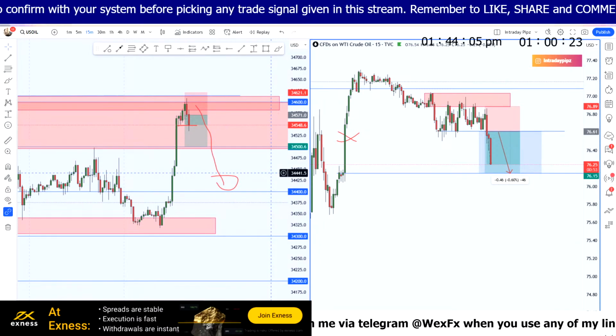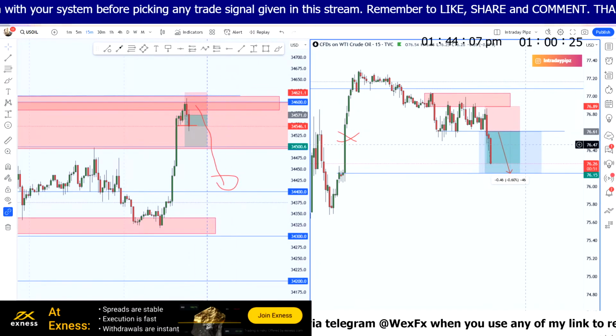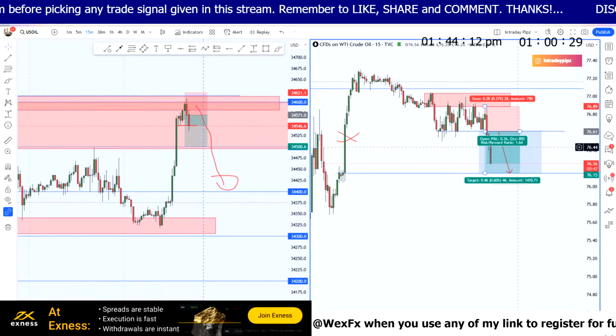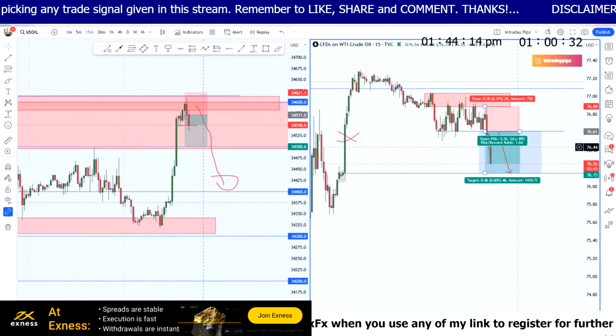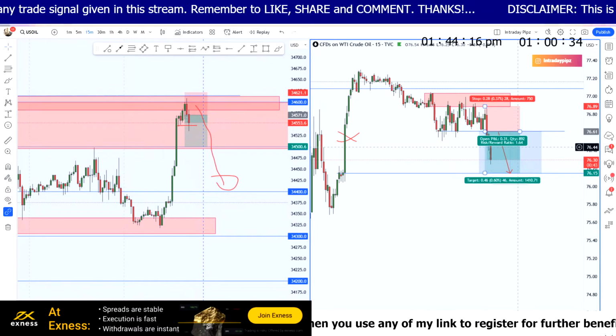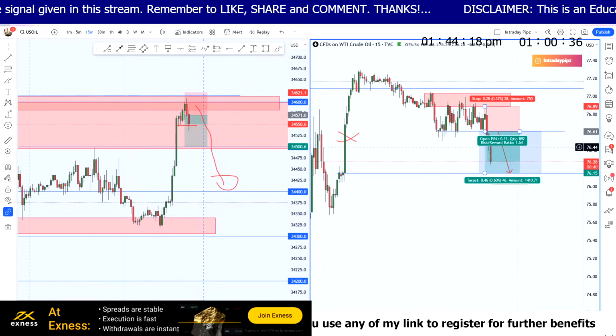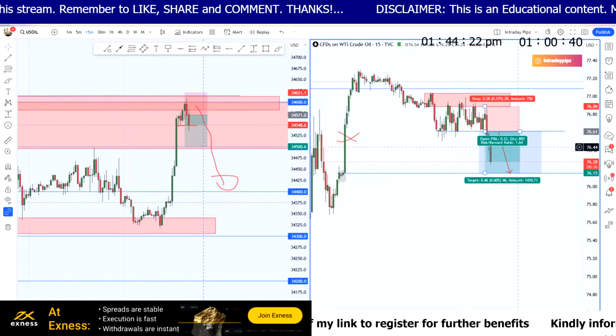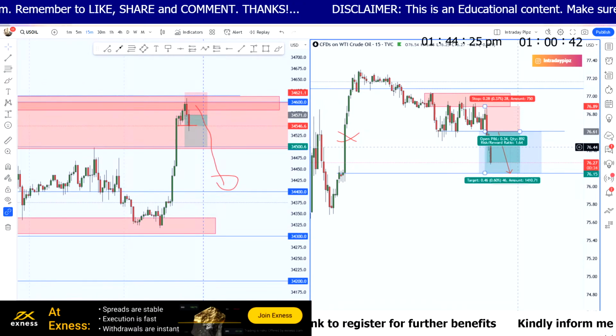Alright, so US30 is doing well. So let's see how many pips we got there. We got 34 pips, 36 pips so far. So you can do the needful.